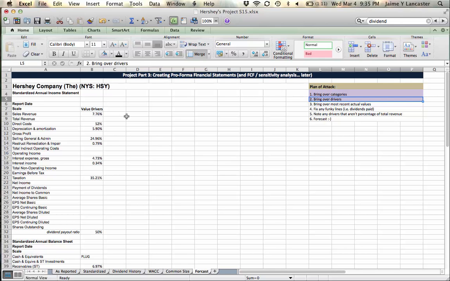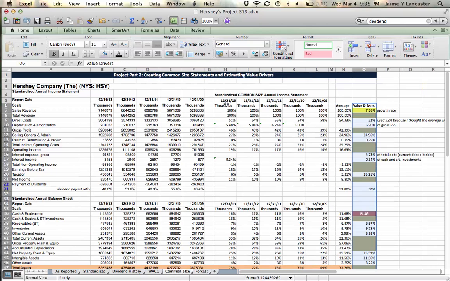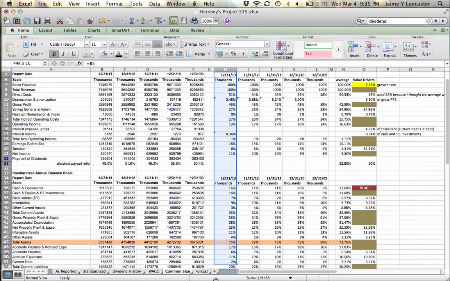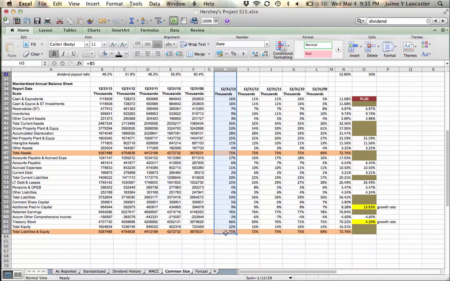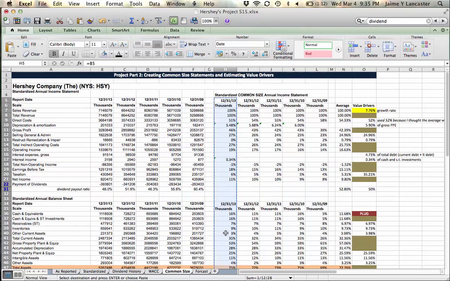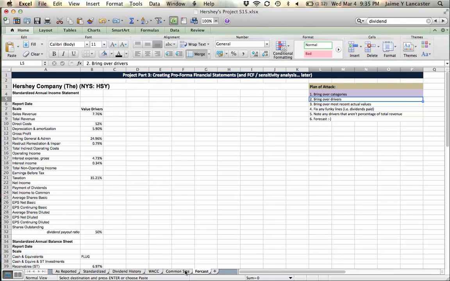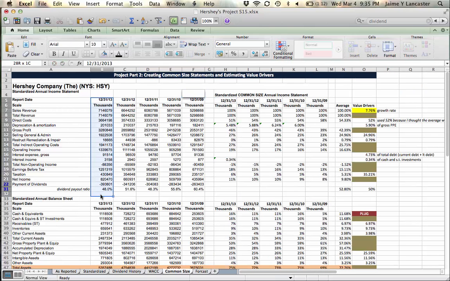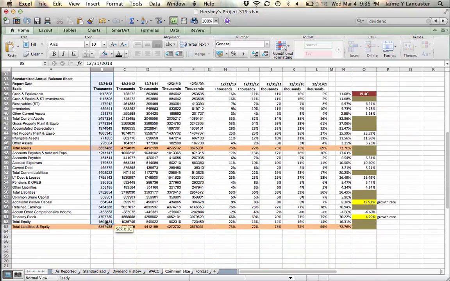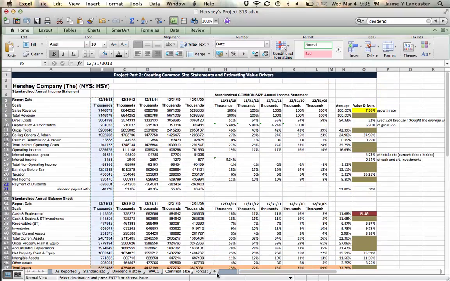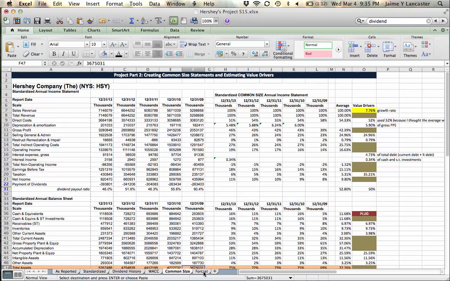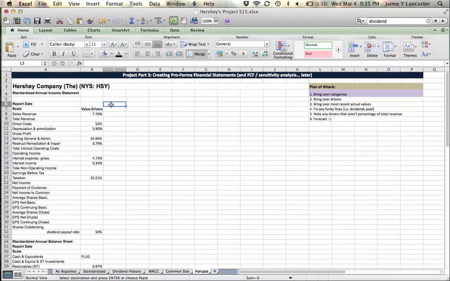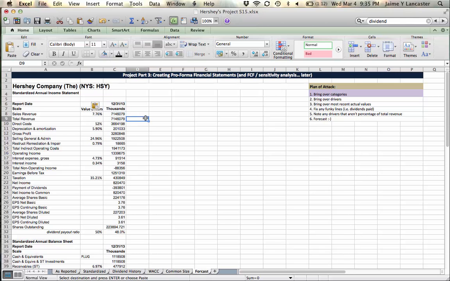And then after that, we need to bring over our most recent values. For me, it's 2013. For you, it will either be 2013 or 2014, not the common size percentages, but the actual dollar values. Great.